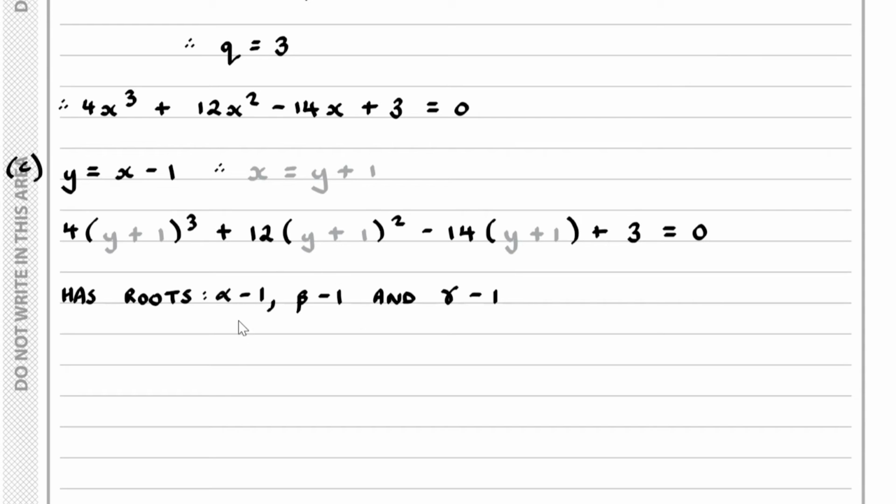So, to determine the product of the roots alpha minus 1 times beta minus 1 times gamma minus 1, let's first of all expand and simplify.